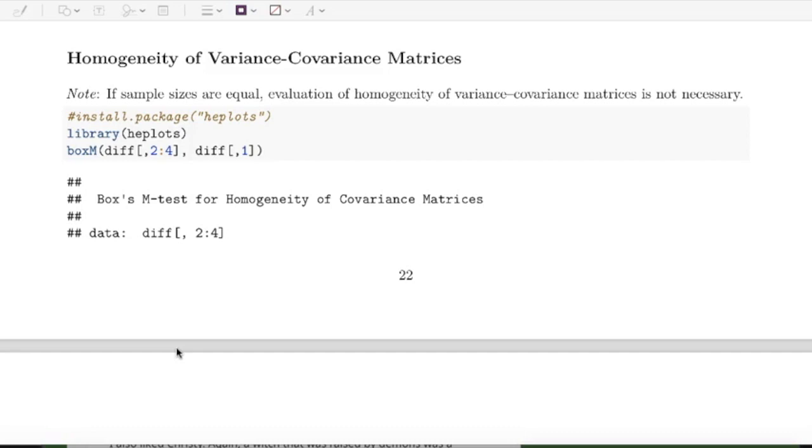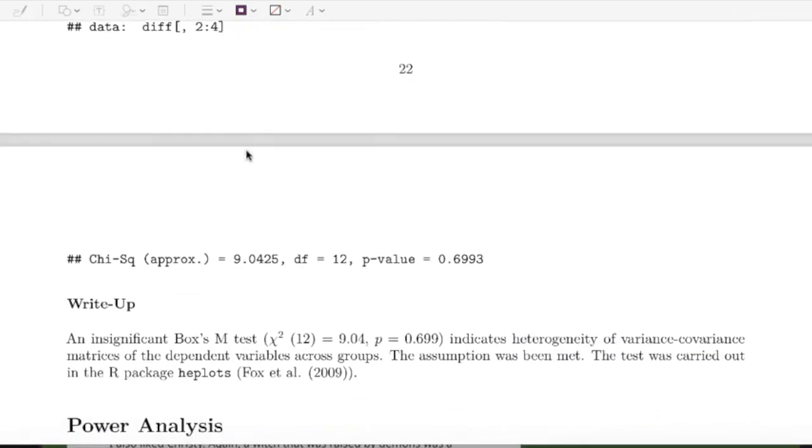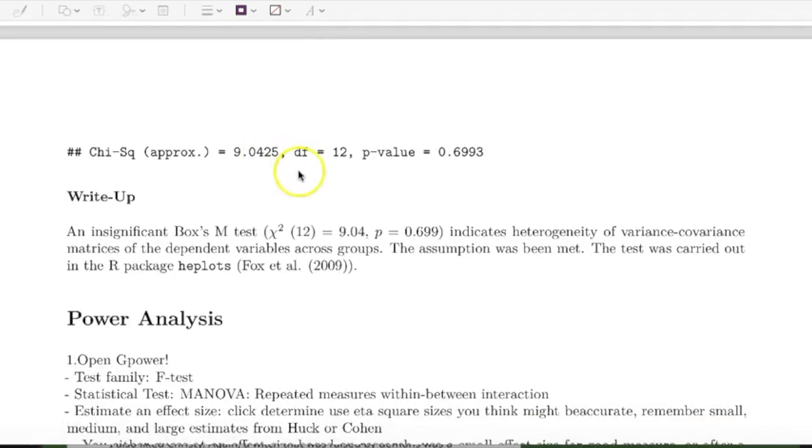So then I went ahead and checked homogeneity of variance-covariance using the heplots package. Here I put the columns that I'm interested in, the numeric ones, and then I put the column that has the groups, which was the very first column.